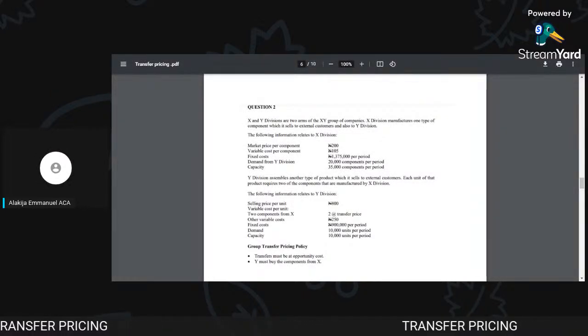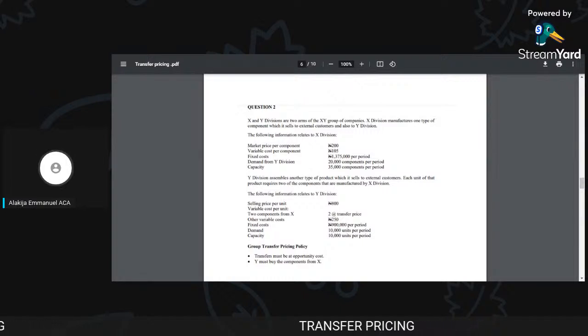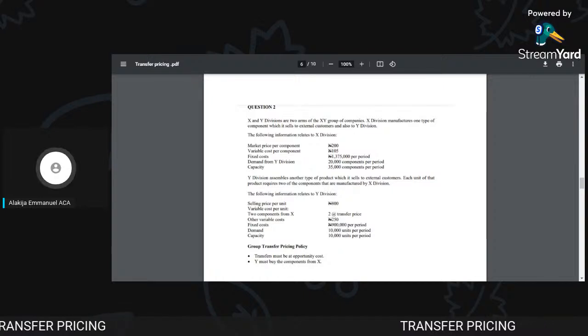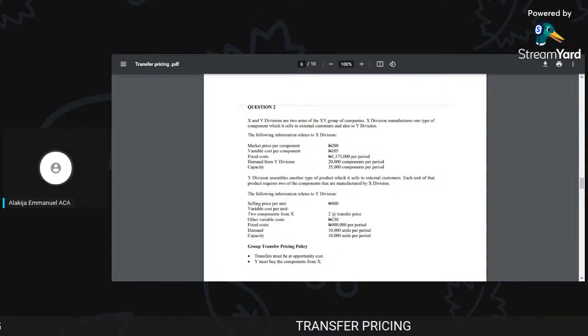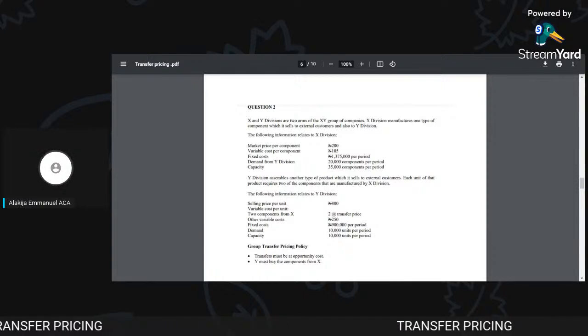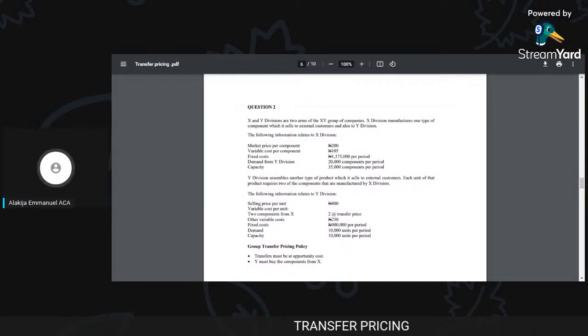Now, Y division assembles another type of product which it sells to external customers. Each unit of that product requires two of the components that are manufactured by X division.